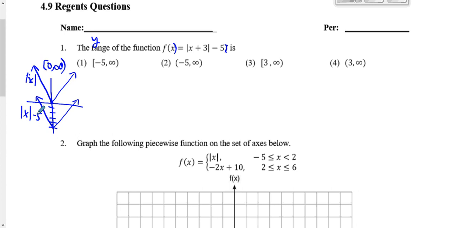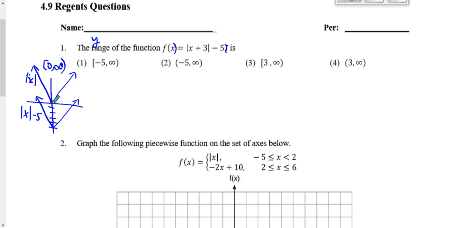Remember hard bracket, soft bracket. It's going to be number 1. Why not choice 2? In the other one, with the 0, you started with the hard bracket, because I included 0, right? 0, 0 is one of the points from before.